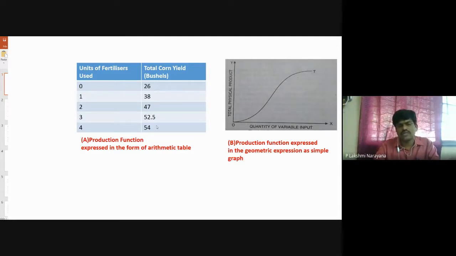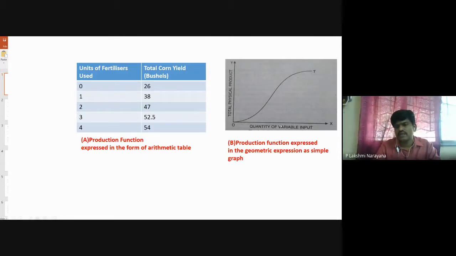So by using a table also we can express our views about the input and output relationship. The second one is regarding production function expressed in geometric expression as a simple graph. Here by using this data we can express our view regarding the input and output.